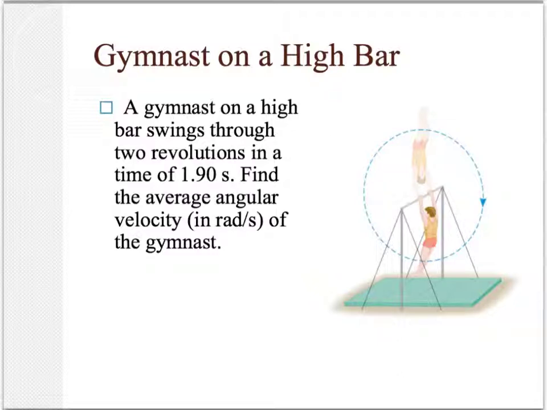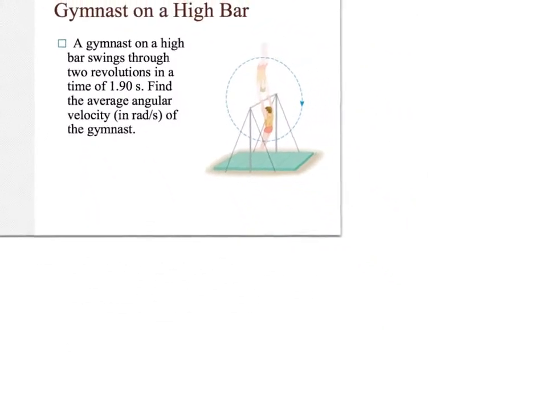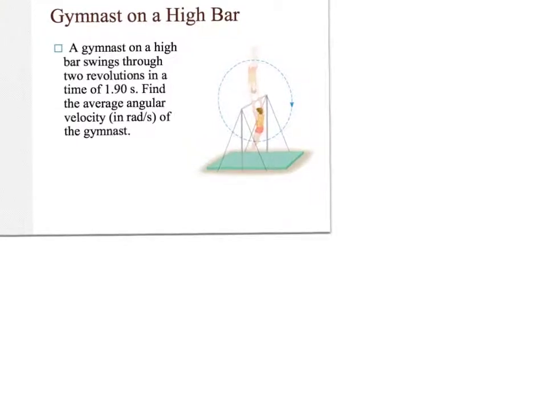Alright, so let's take a look at an example. Here we have a gymnast on a high bar, and the gymnast swings through 2 revolutions in a time of 1.9 seconds. We're going to find the average angular velocity of the gymnast. The first thing we have to do is write the equation again: angular velocity is equal to angular displacement divided by time.